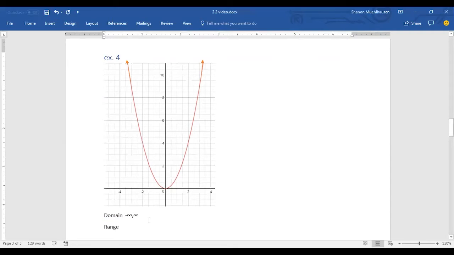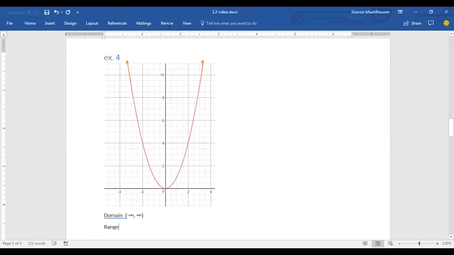Because this goes forever left and right, our domain is negative infinity to positive infinity. However, nothing actually touches infinity, so we're going to use round parentheses here to indicate that our function goes all the way up to, but not touching that value.